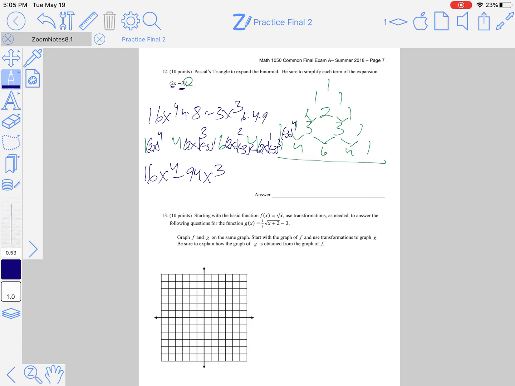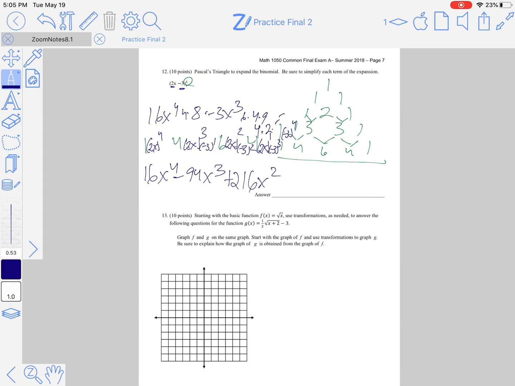6 times 4 is 24. 9 times 24 is going to be 216. You might want to check my work on that, or with the calculator. But I'm pretty sure that 9 times 24, I believe it's 216. Now we get 2 to the 1, so we get 4 times 2 to the 1, which is 2.